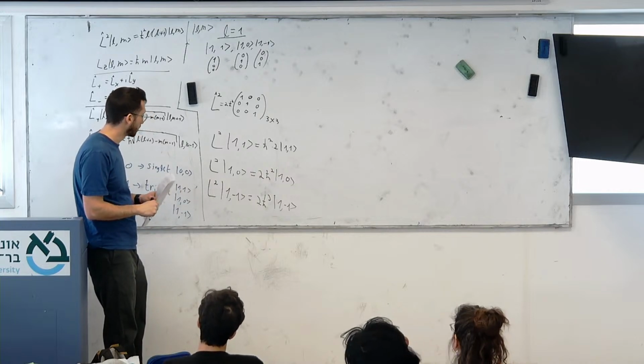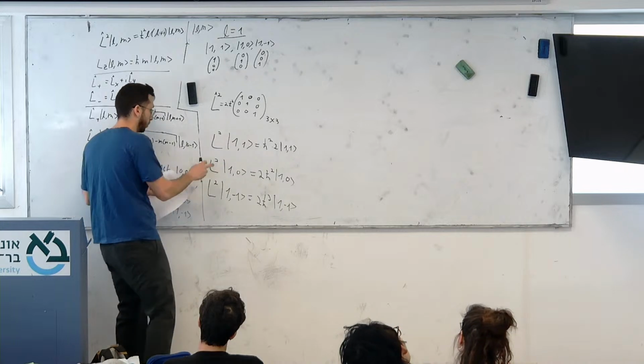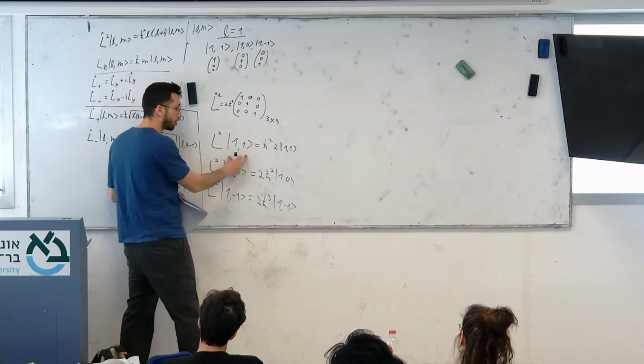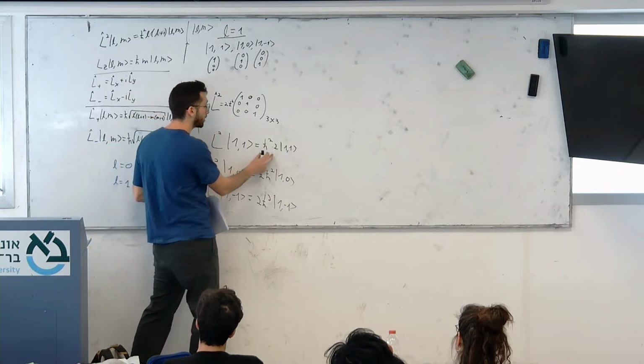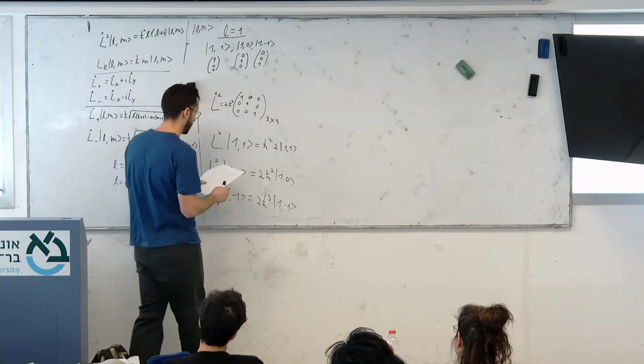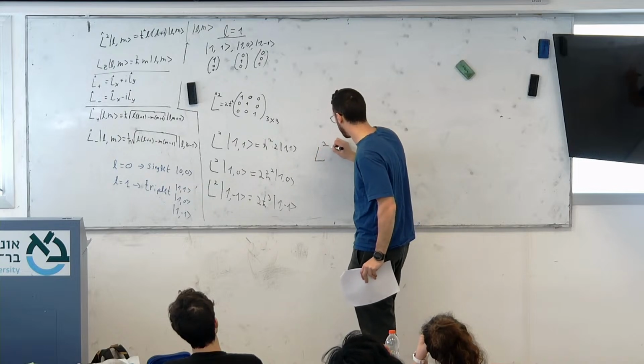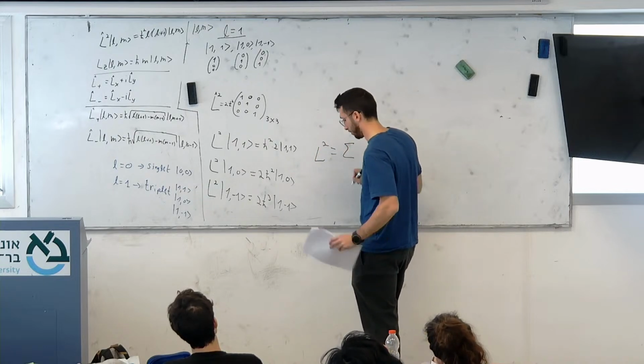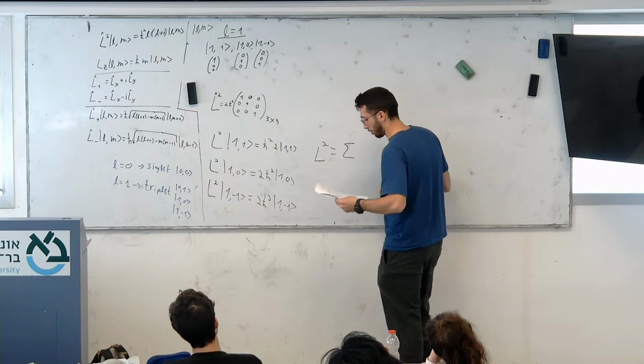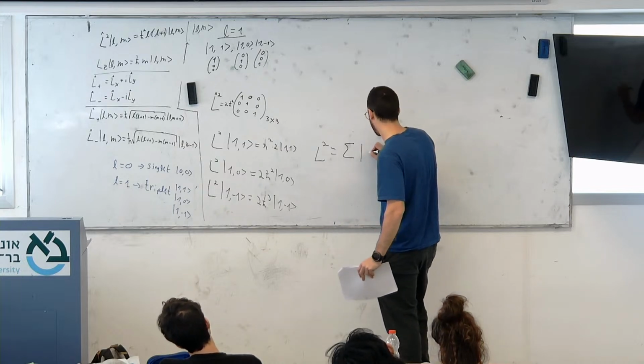The way is to say, okay, when we apply an operator to an initial state, we get some value times the final state. And we can write this L operator as a sum over all final.